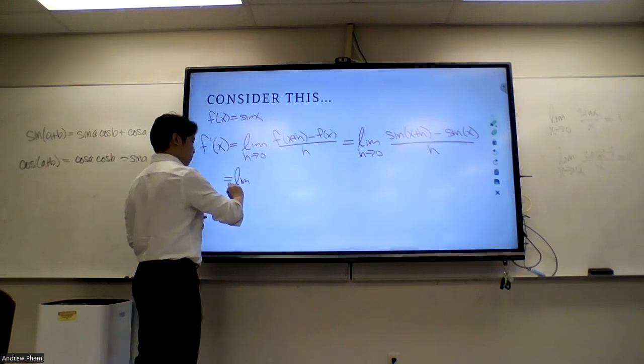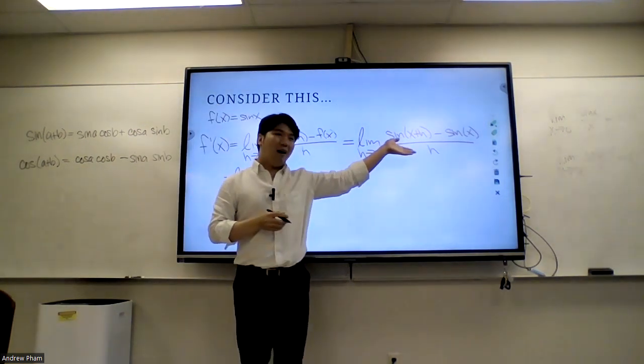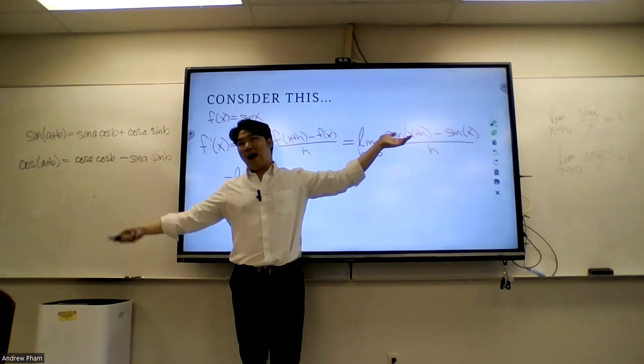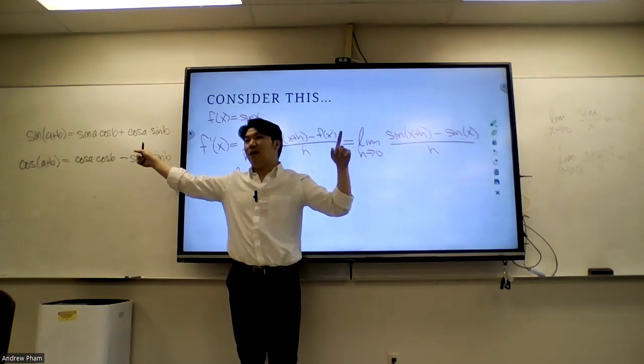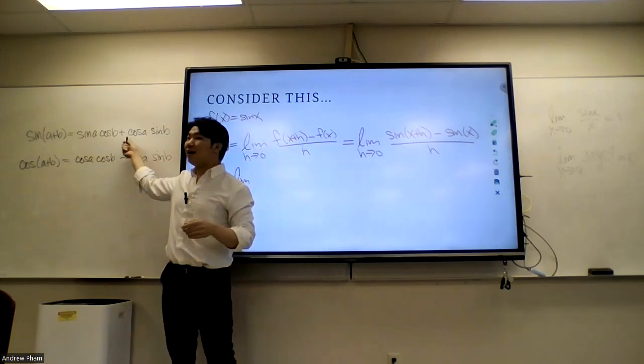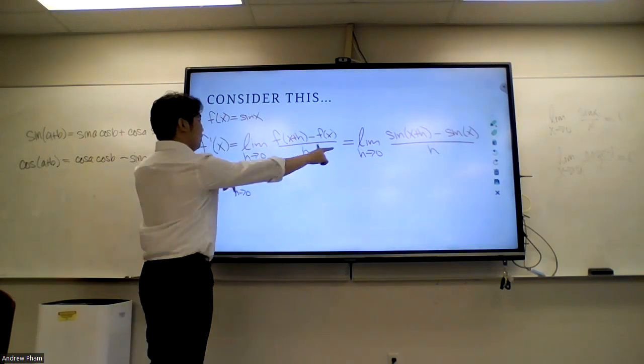All right, so looking at this, there's no obvious way that we can simplify this, which is why I put this on the board. I know how to break down sine of x plus h. That's exactly this identity right here. So it's going to look a lot worse before it gets better.